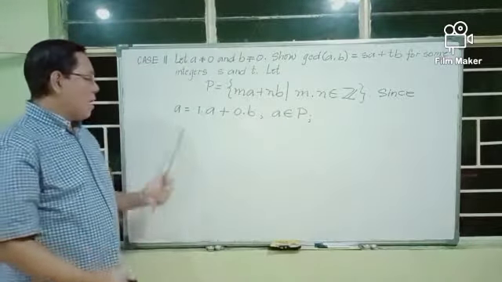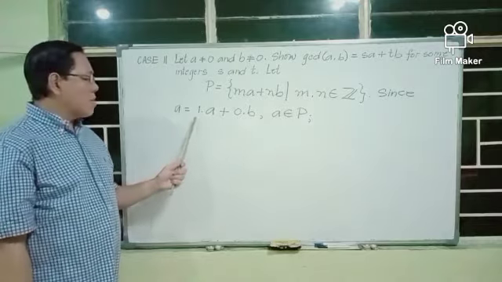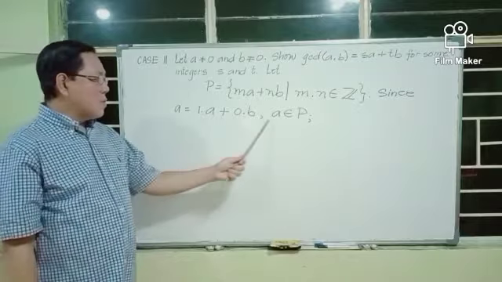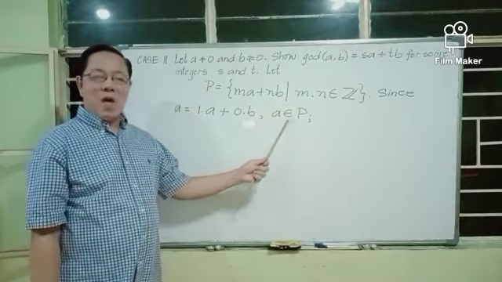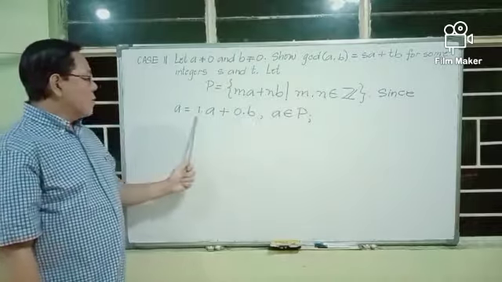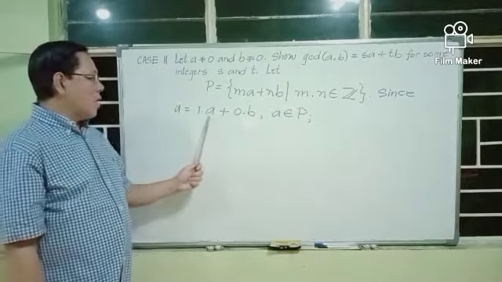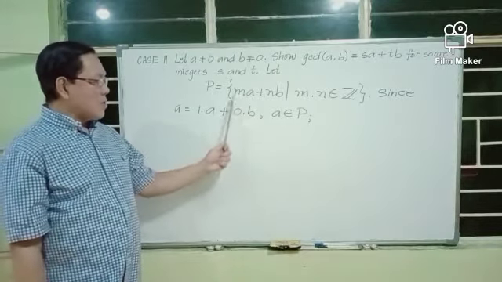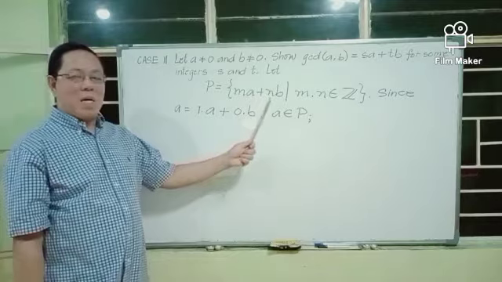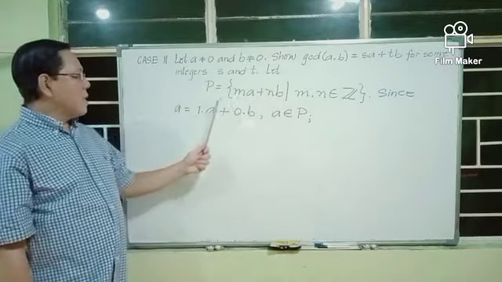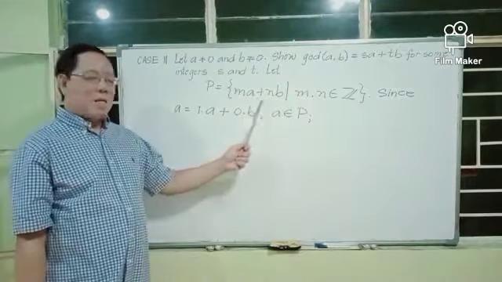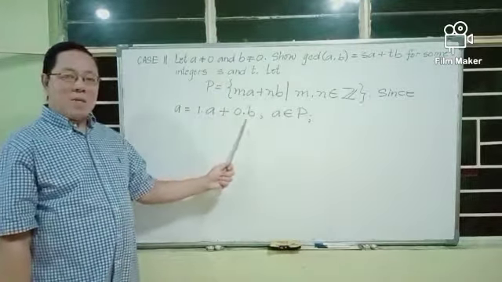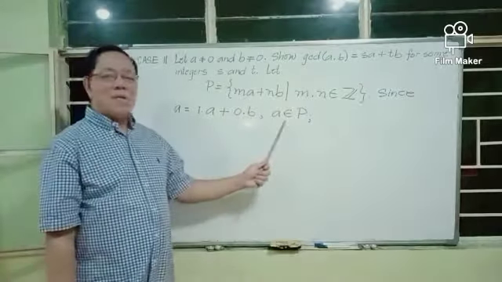If we write the integer a as 1 times a plus 0 times b, then we can conclude that the integer a is an element of the set P, because we have written a as a linear combination of a and b. This expression is of this form, a linear combination of a and b, where m is 1 and n is 0. Since a is a linear combination of a and b, we conclude a is an element of P.